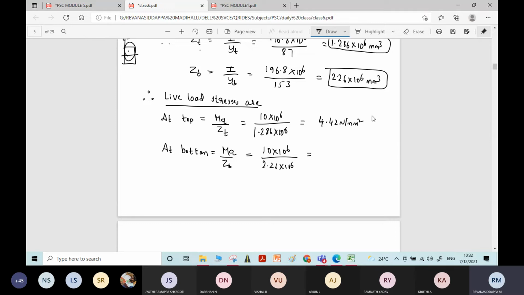What is the nature of stress? Compression or tension? Due to live load, the bottom fiber will be subjected to tension, top fiber will be compression. Correct.